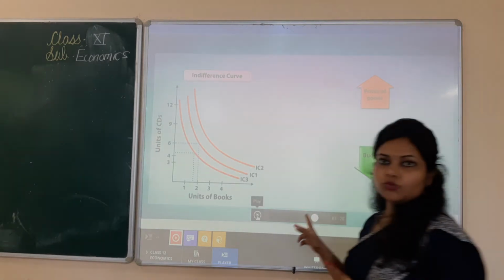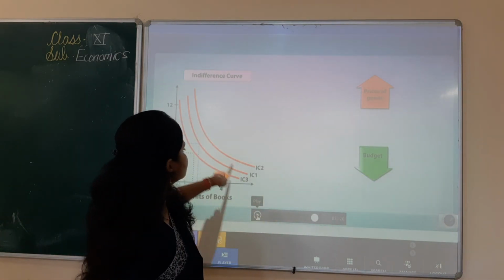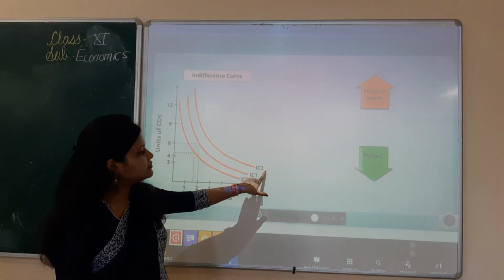Now again there are two different situations that it is talking about. In this IC1 which we have talked about, now there is IC2, the indifference curve 2.